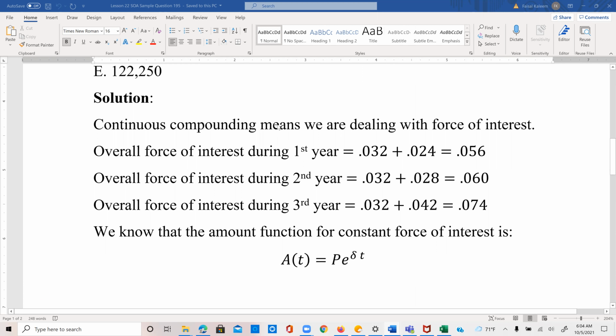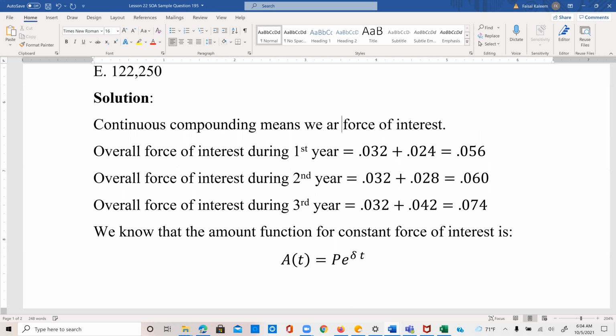Continuous compounding again means we're dealing with force of interest, a constant force of interest.